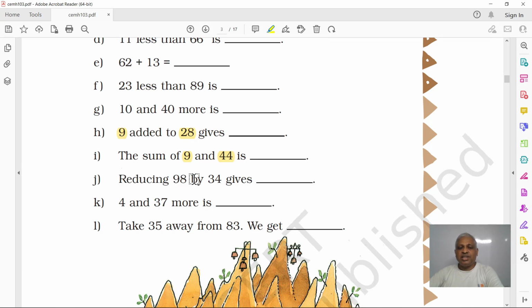Now, next is J. Reducing 98 by 34 gives. Reducing means it is subtracting. So 98 minus 34 is, you can do the math very simple. 98, add 2 to this, it will be 100.